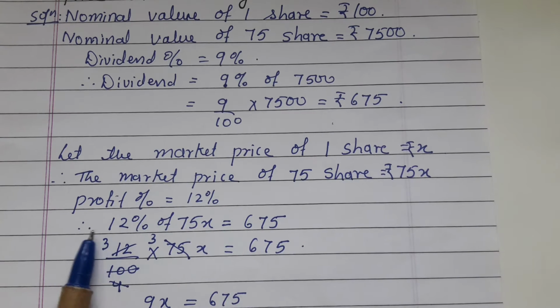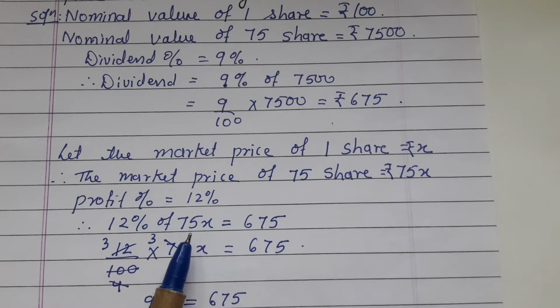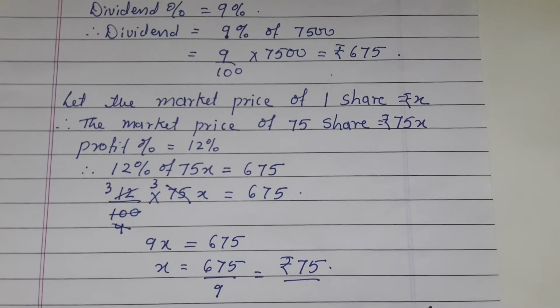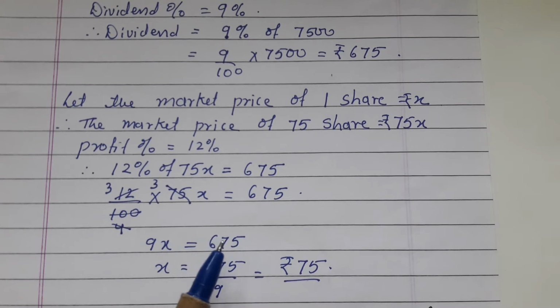Therefore, 12% of 75x is equal to 675. 12% means 12 upon 100 into 75x equals 675. 9x equals 675. x is equal to 675 upon 9, that is equal to rupees 75.